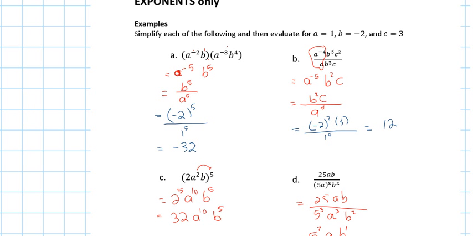You have negative 2 times negative 2 times negative 2 times negative 2 times negative 2. Negative and negative makes a positive, twice, and you are left with one negative. Because it's an odd exponent, you're left with a negative answer.